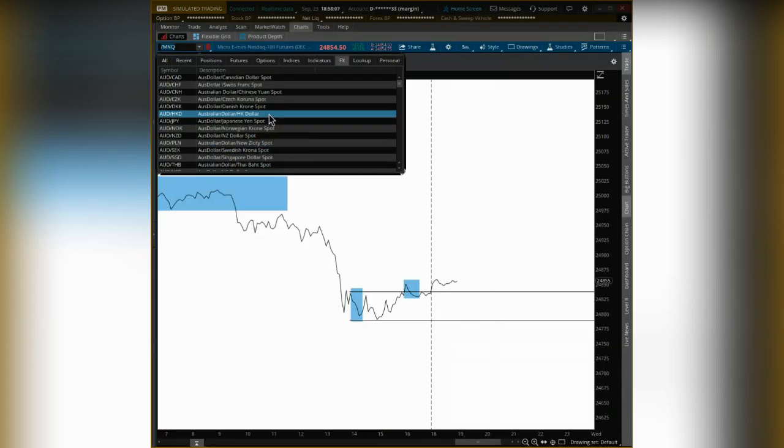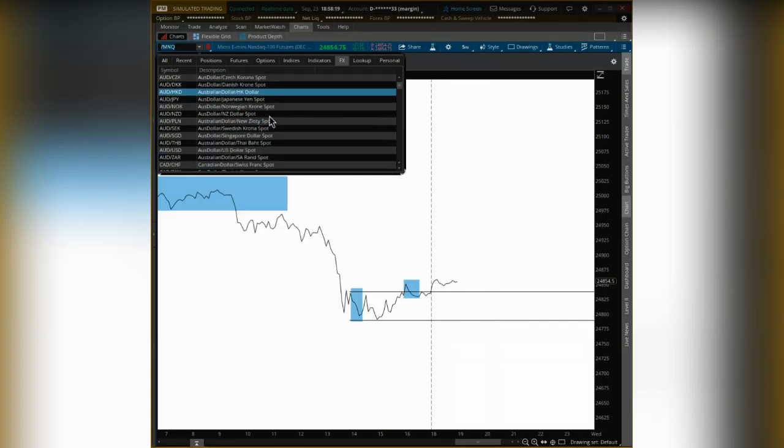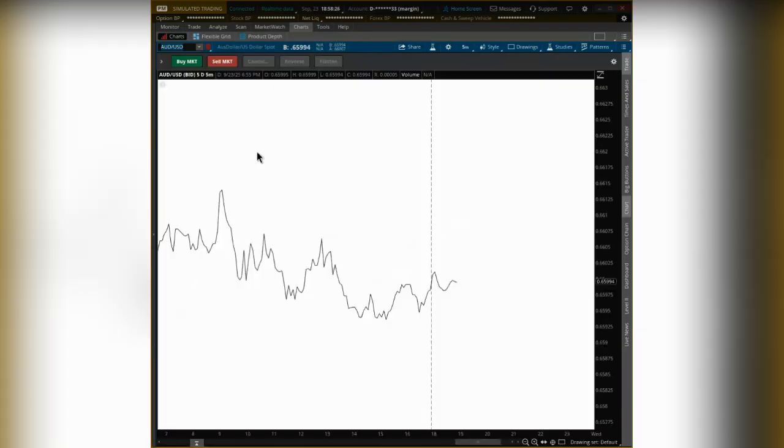It's the Aussie dollar futures, so it's probably banked against the Aussie US. Let's see if I got the AUD USD. Oh, I got it. Dollar spot. Okay, here. Let's take a look at it.